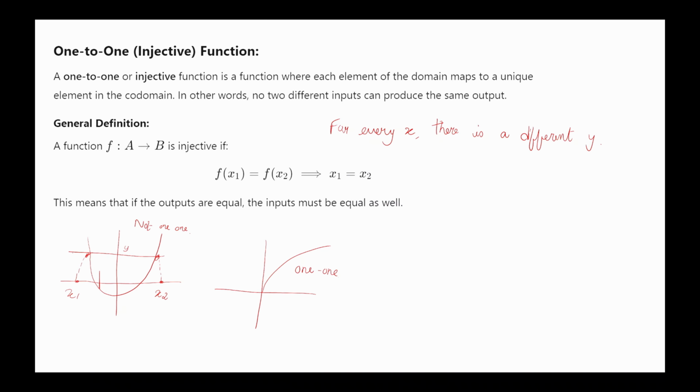If I was getting multiple outputs, that means it wouldn't be a function. However, here what I'm saying is, if in my horizontal line test, I have multiple values of x coming for the same value of y, that means it is not a 1-1 function. So this type of line test is known as horizontal line test.